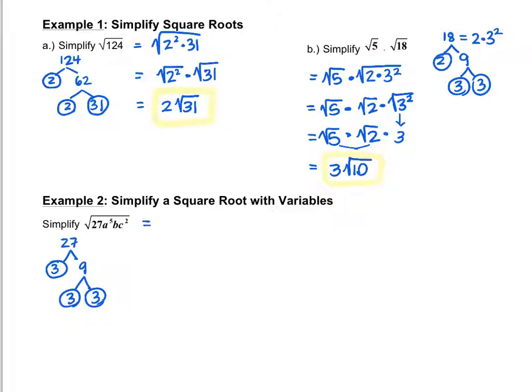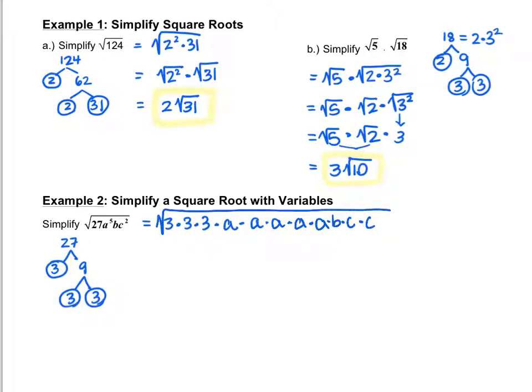So we can write this as 3 times 3 times 3 times a times a times a times a times a, that's 5 a's, times b times c times c. Okay, that's everything that is going to go under our radical.